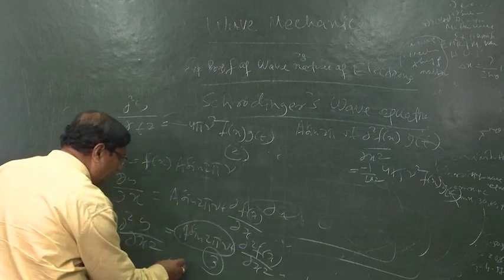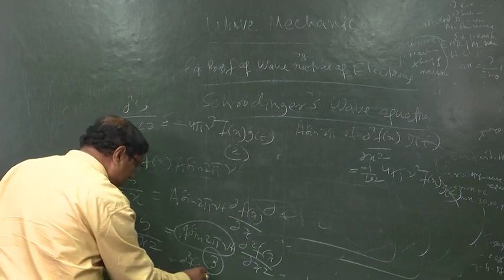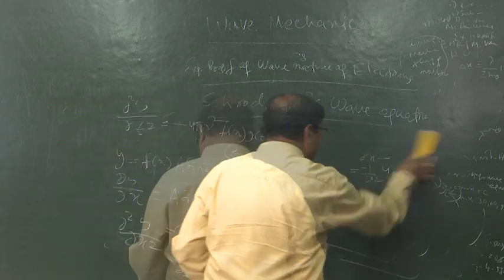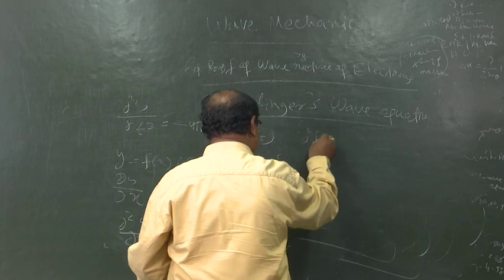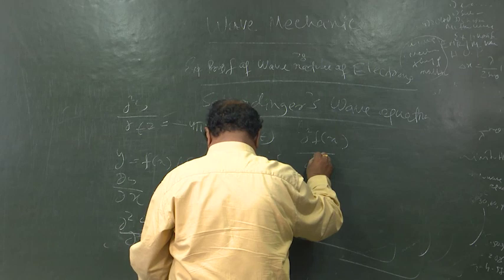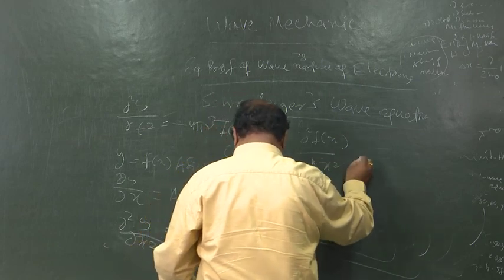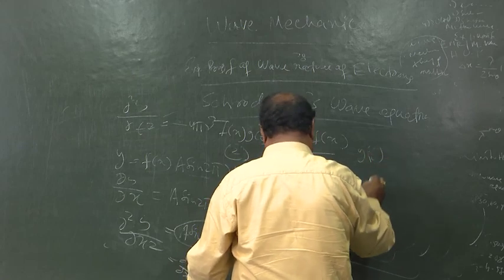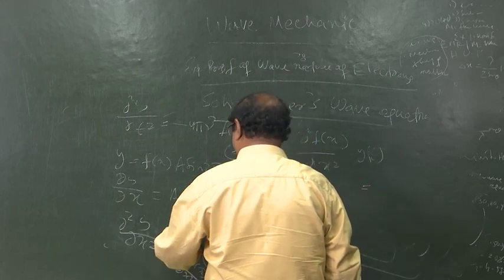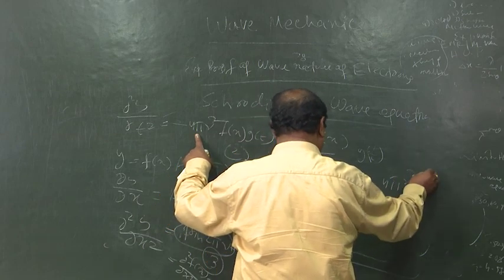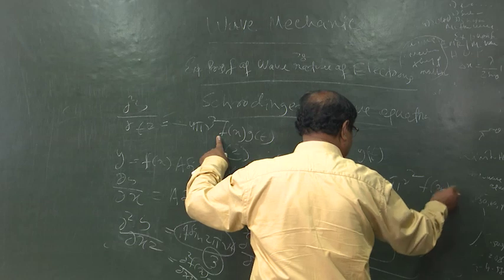So this is equal to, in equation 3, d²f(x)/dx² into g(t), equal to minus 4π²μ² f(x) g(t) divided by v².